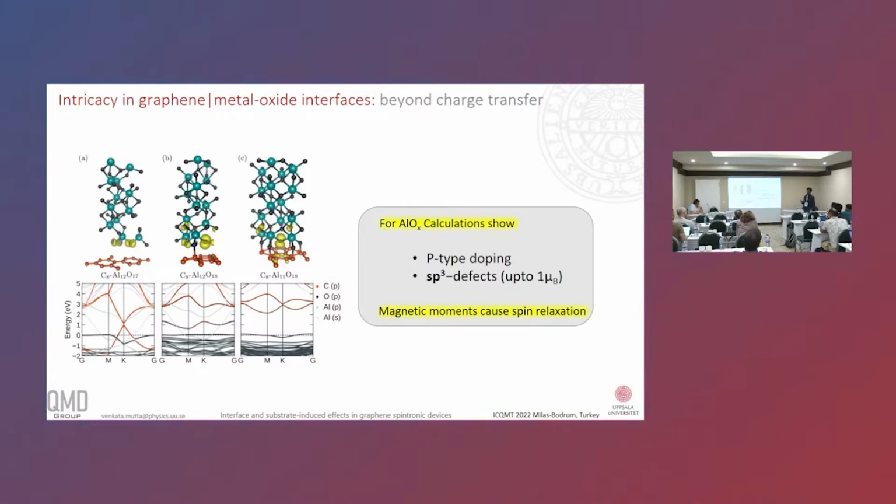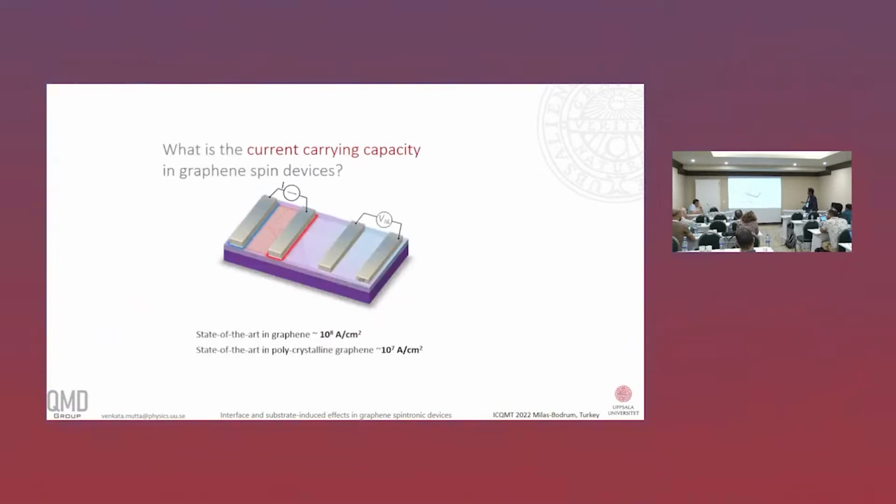So this is a new insight which could also contribute to the explanation of why, in addition to pinholes, the spin relaxation in graphene is found to be quenched in the case of aluminum oxide based barriers, and why titanium dioxide shows superior spin lifetimes.